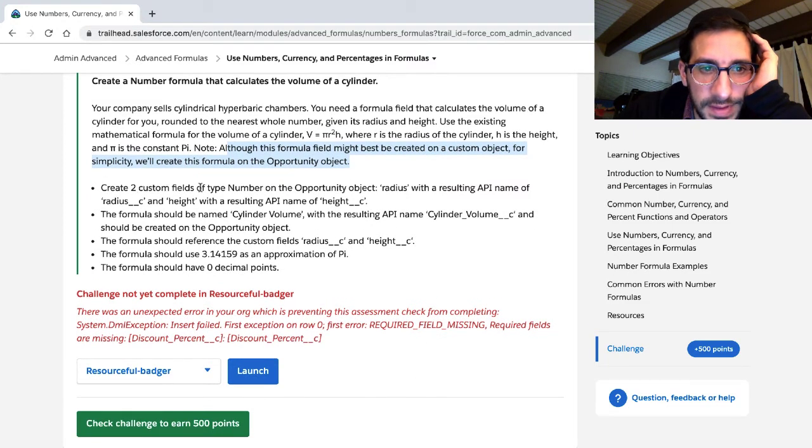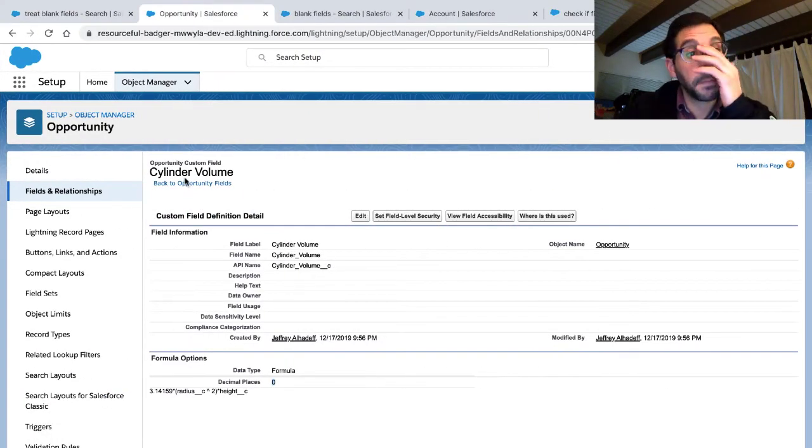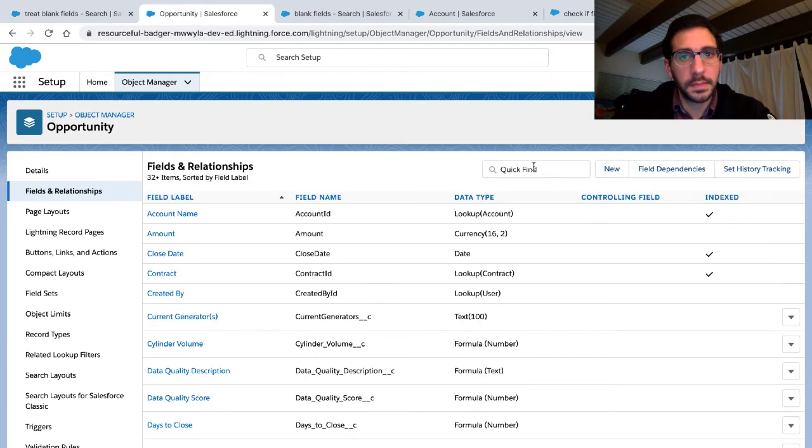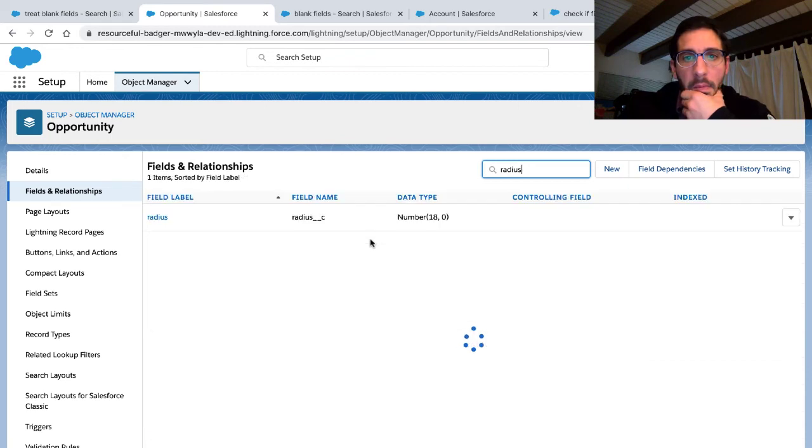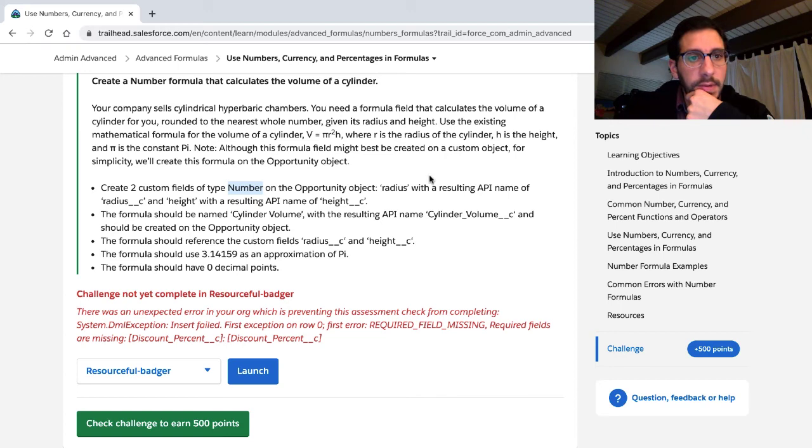Create 2 custom fields of type number on the opportunity object. Number. Number. The formula should be named cylinder volume.